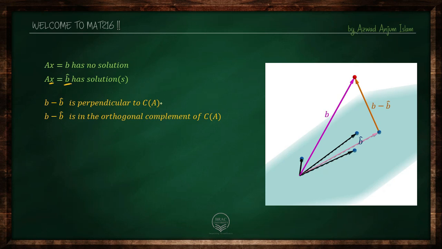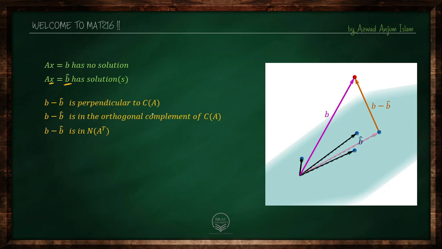We know that the orthogonal complement of a space is anything and everything that is perpendicular to it, right? So as this orange vector here is perpendicular to the blue plane, this orange vector must be inside the orthogonal complement of the blue plane, and the blue plane is just the column space. And we know the column space of a matrix has the orthogonal complement, which is the left null space, right? So B minus B hat is in the left null space of A.